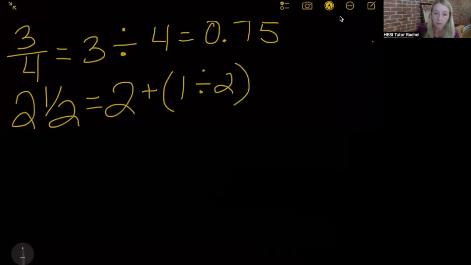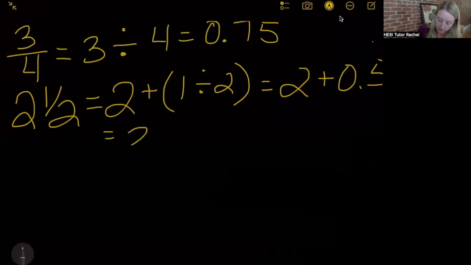That comes from the 1/2, 1 divided by 2. So that is like saying 2 plus, and if you put 1 divided by 2 into your calculator, you get 0.5. And when you add them together, of course, that gives you 2.5.